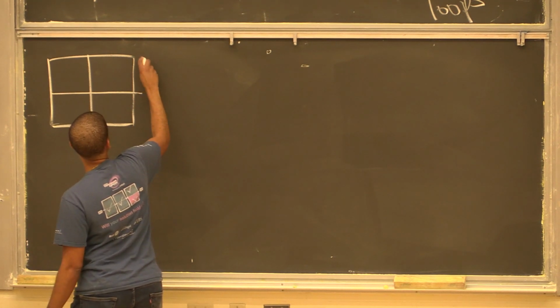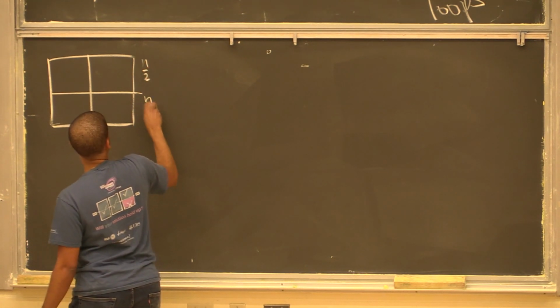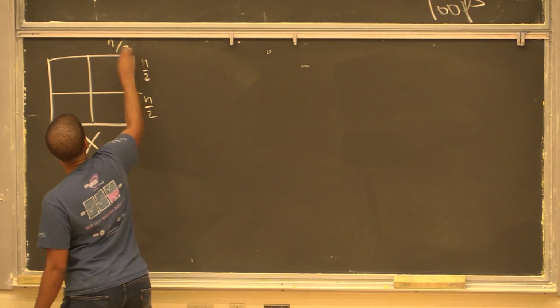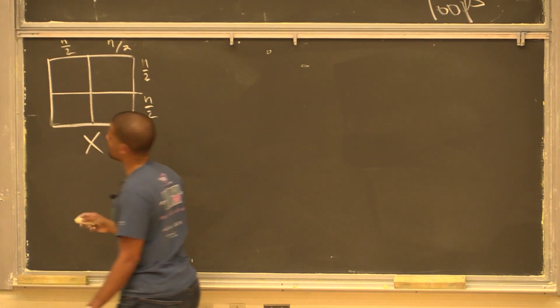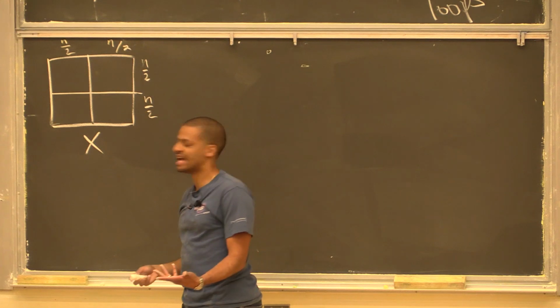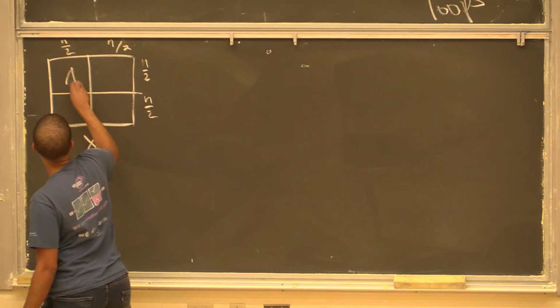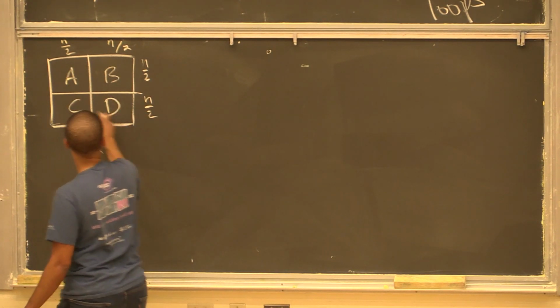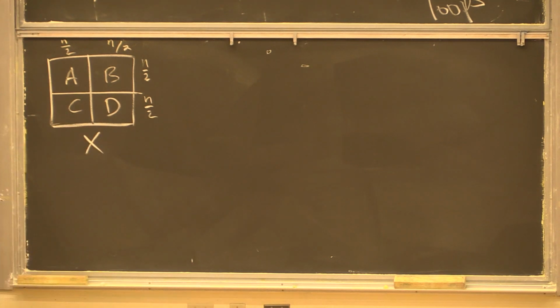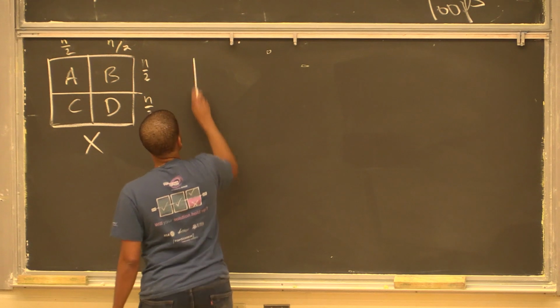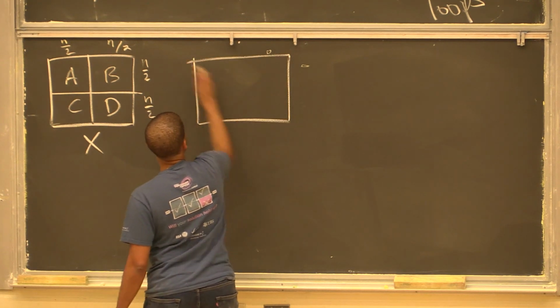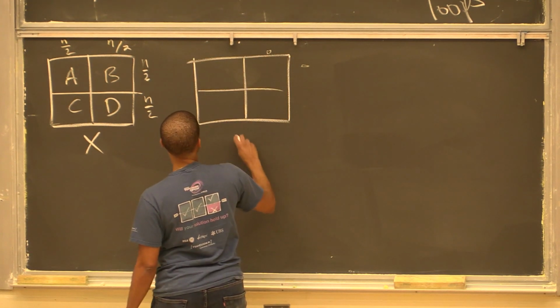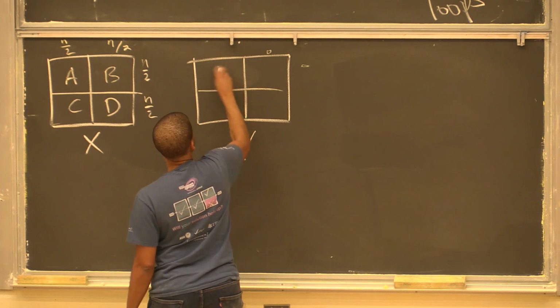So each one of these is n over 2 long, n over 2, n over 2, n over 2. And let me give these n over 2 by n over 2 submatrices names. So this is block A, block B, C, and D. Okay. And let me do the same thing for y. So this is y. Let's call these E, F, G, and H.